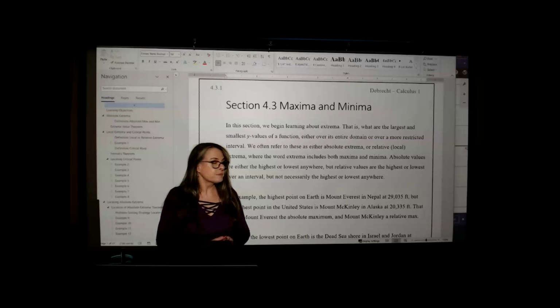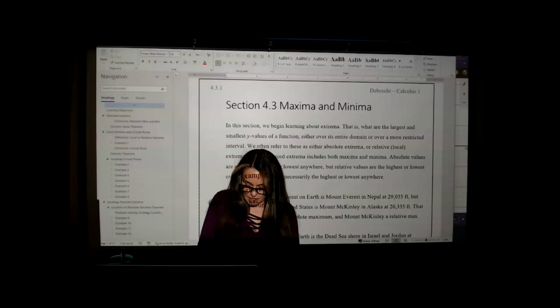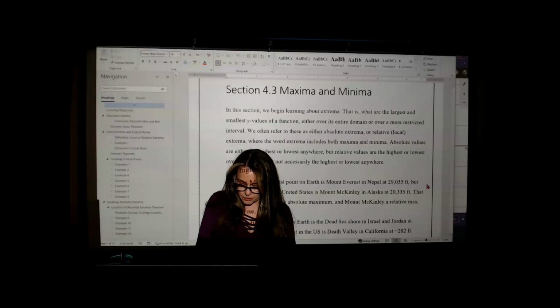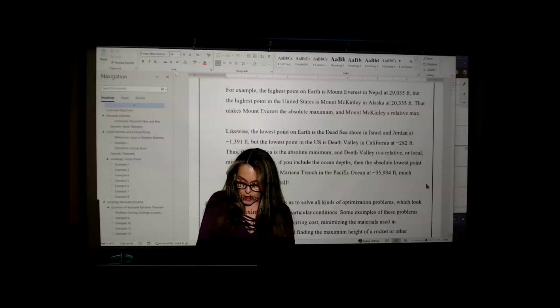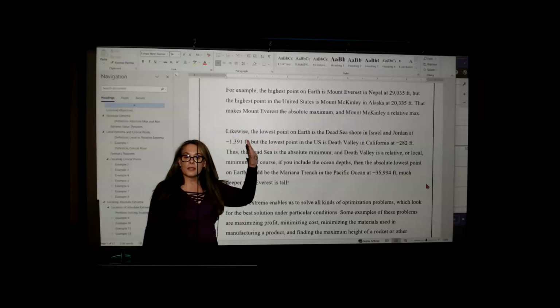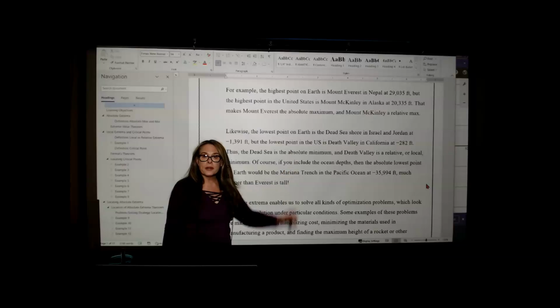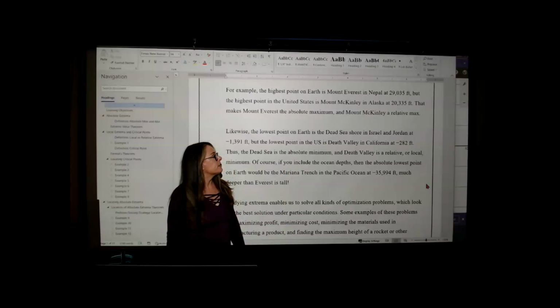When we think about Earth, we can think about the highest point on Earth, which is Mount Everest in Nepal, 29,035 feet. But the highest point in the United States is Mount McKinley in Alaska at 20,335 feet.